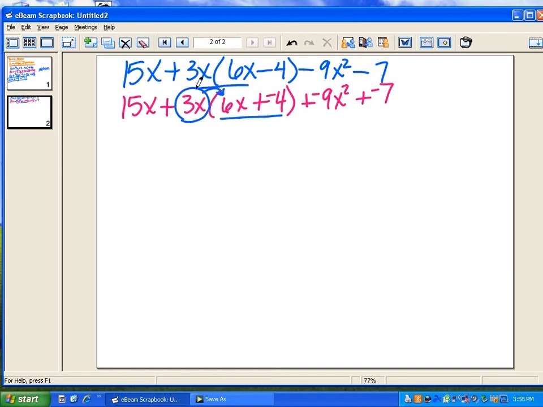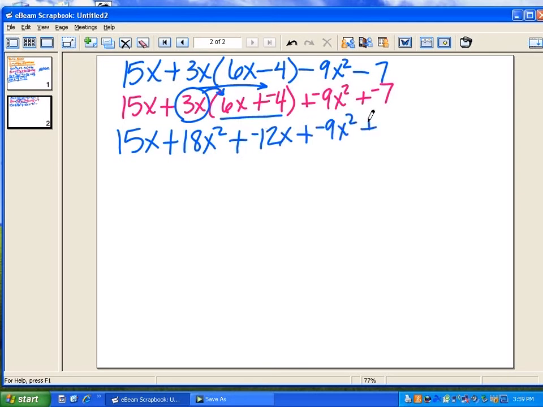It has to be distributed to both pieces. So I have 15x plus, and 3 times 6 is 18, and x times x is x squared, plus a 3 times a -4, which is a -12, and then I still have my x, plus a -9x squared, plus a -7.